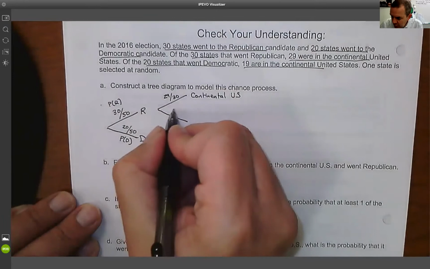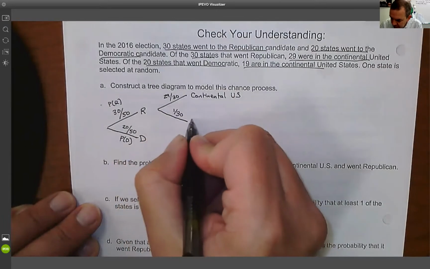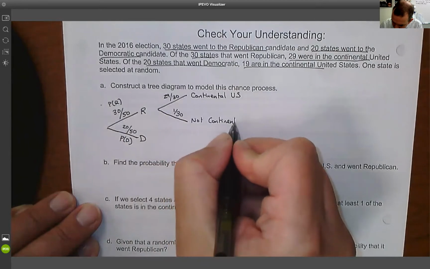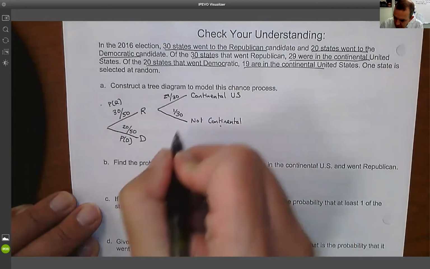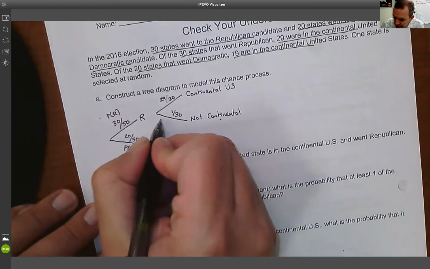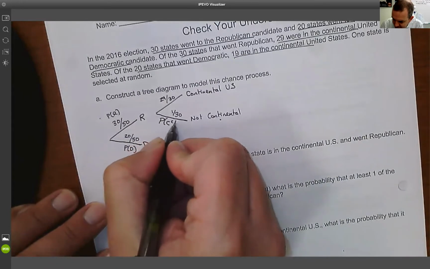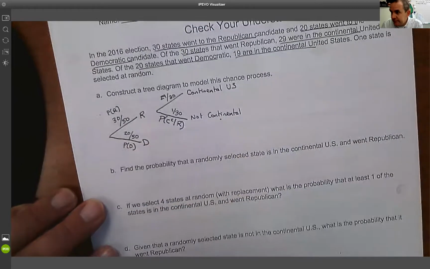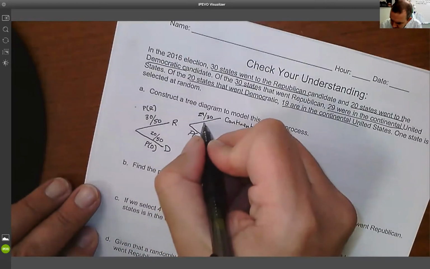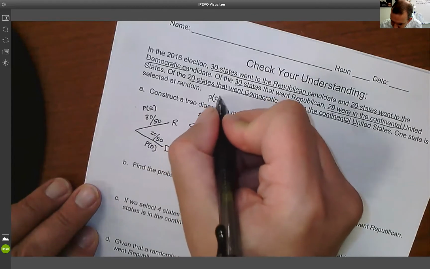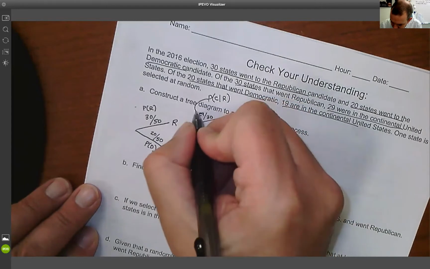That tells me that 1 out of 30 were not continental. This right here is the probability of being not continental given you're Republican. This one is the probability of being continental given you're Republican. That would be this number right there.